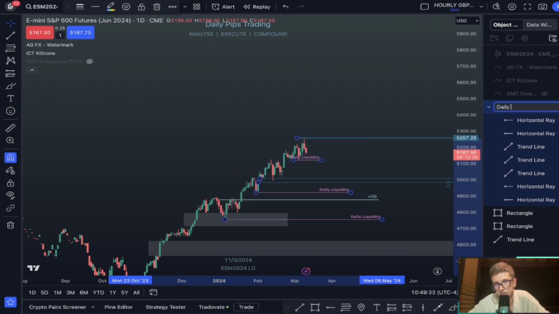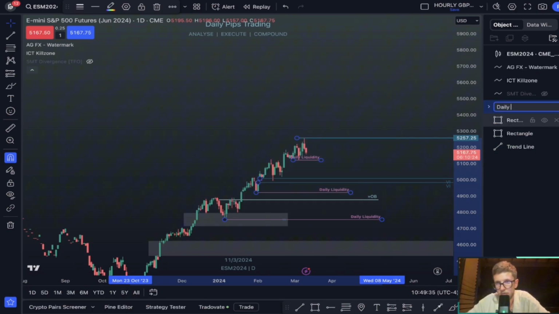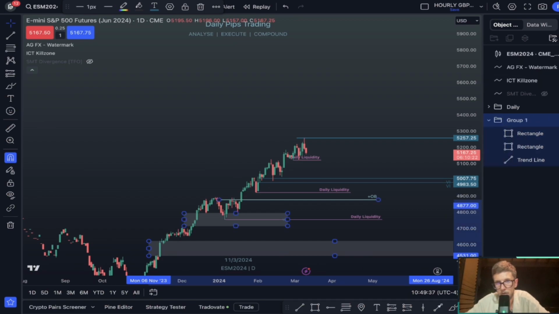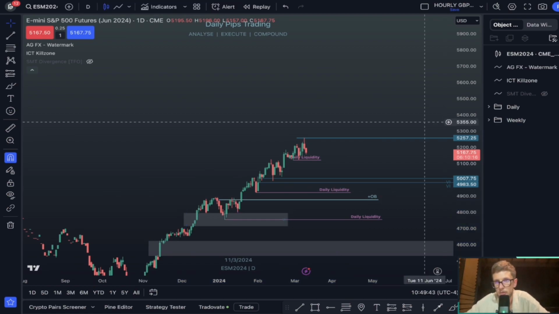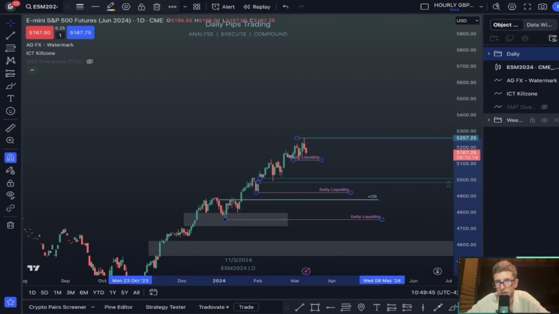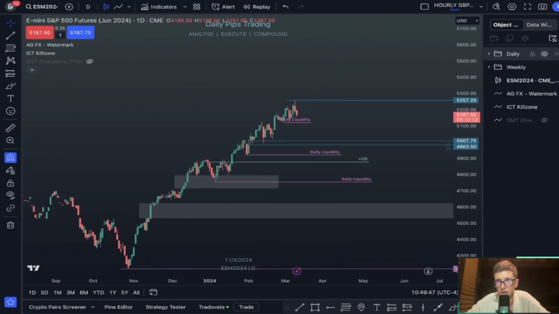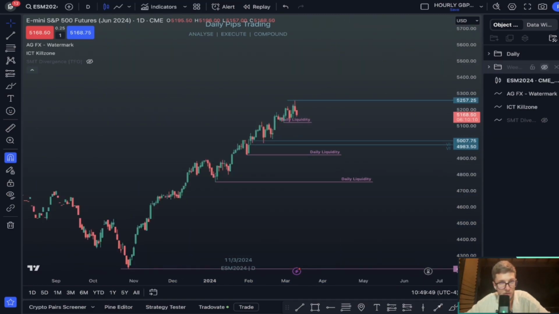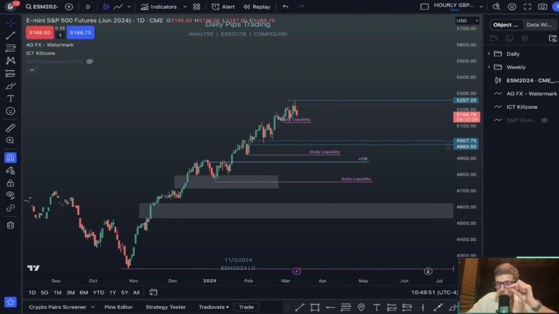Daily. What did we call these seconds ago? Weekly, right? So it just makes my life a little bit easier. Getting control of it and maybe hiding something I don't want to see, right? And I'm gonna use this chart setup for the next 3 months. So I'm gonna put a little bit of work into it, okay?